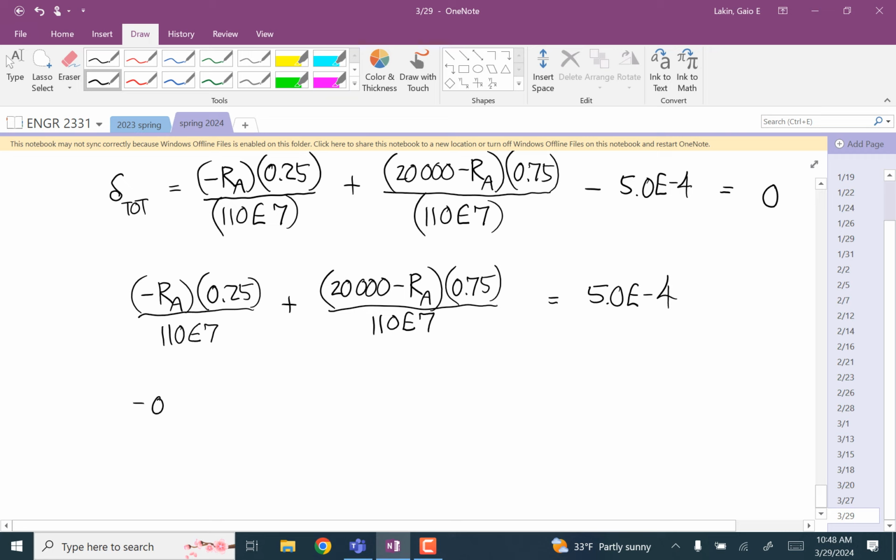And so I'll multiply both sides by 110 times 10 to the 7. And so you get this is equal to 550,000.